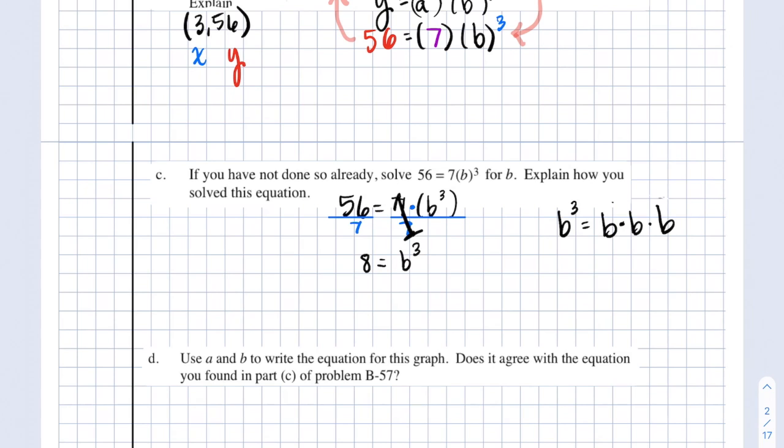So what number times itself 3 times will give me 8? We know that 2 times 2 is 4. 4 times 2 is 8. So b is equal to 2.